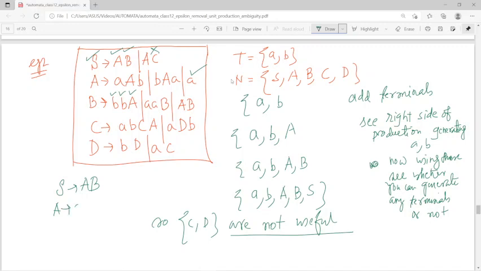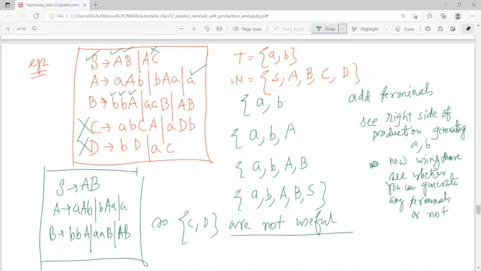From A there is AAB, BAA or A. From B there is BBA, AAB or AB, and all the other productions are removed. So we will get this.